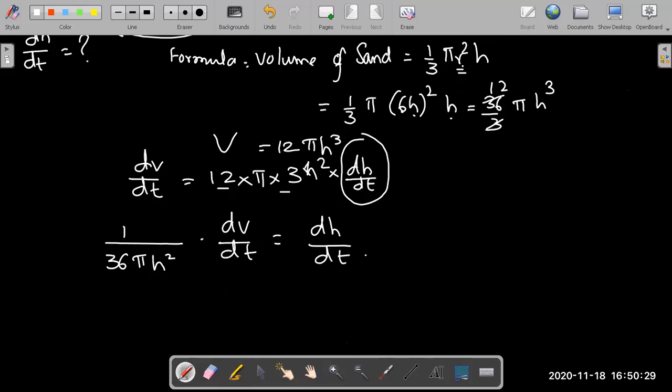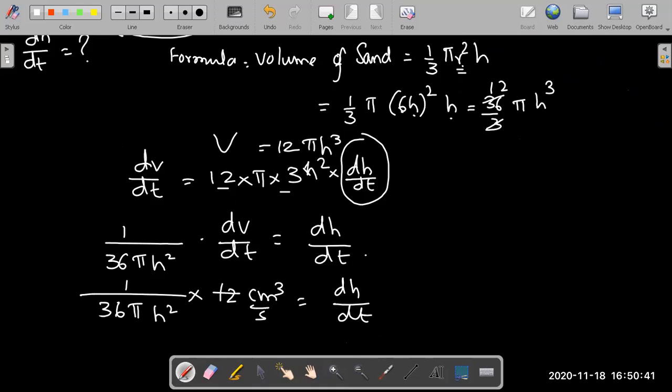So we substitute this 12 cm cube per second equal to dh by dt multiplied by 1 by 36 pi h square. 12, 3s are 36. So we have dh by dt as 1 by 3 pi h square centimeter per second.